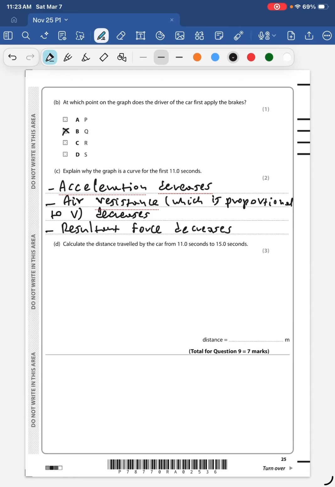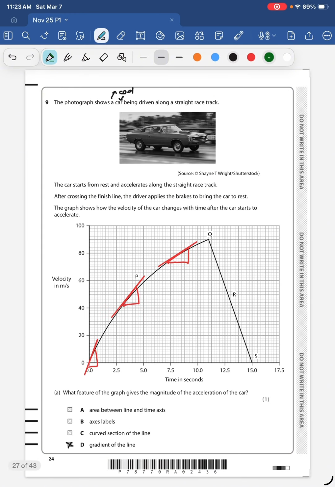Calculate the distance traveled by the car from 11 seconds to 15 seconds. You have to go to the graph. Let me use green. Every little square there is 0.25, so this is 11.25.